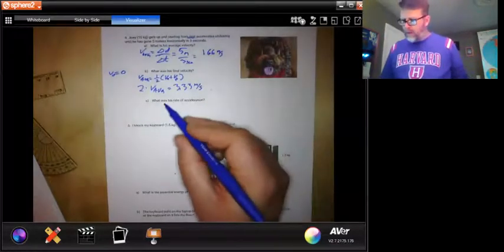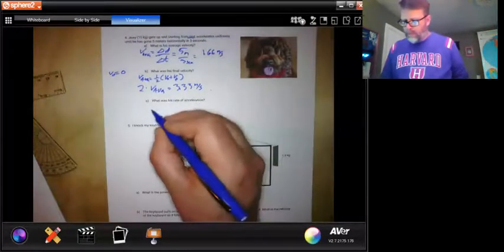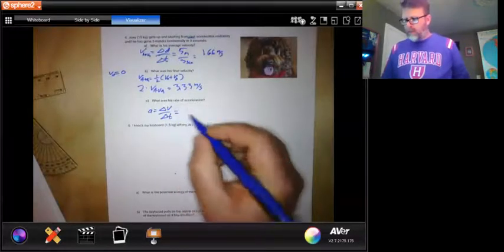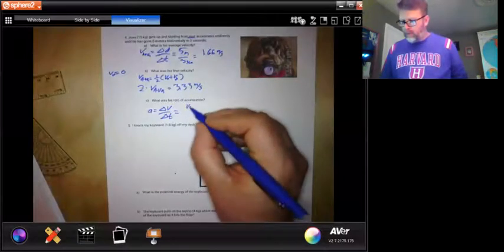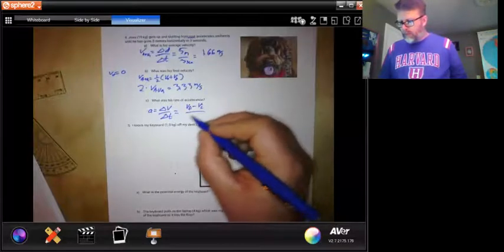What was his rate of acceleration? The real trick here is which velocity are you using? Well, you want to do your final minus initial, and the same thing could be said for the time.